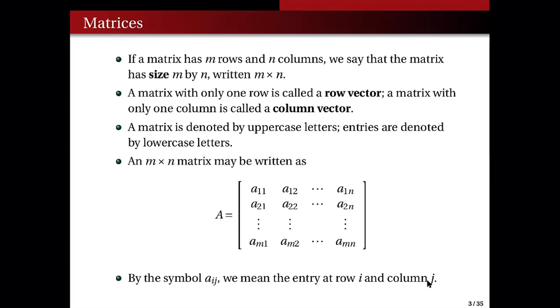So for instance, if your row i is somewhere here, and your column j is somewhere here, then the entry here is your entry aij. So the symbol aij means the entry at row i and column j.